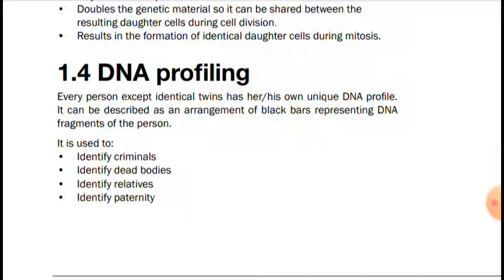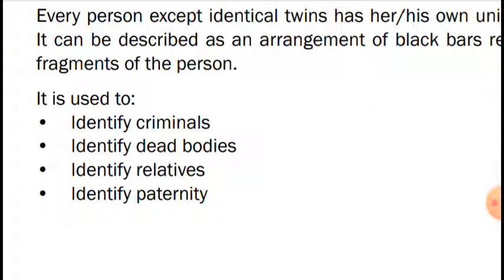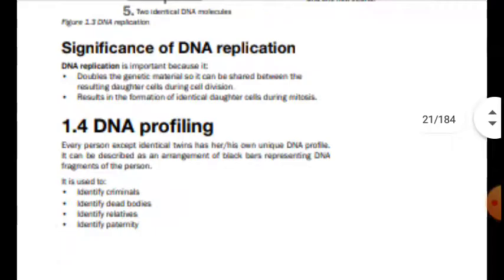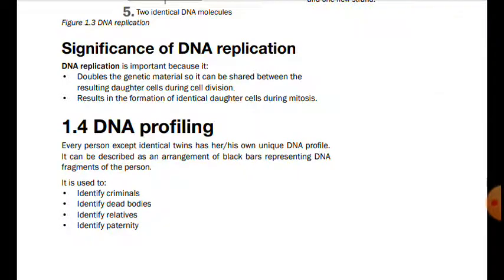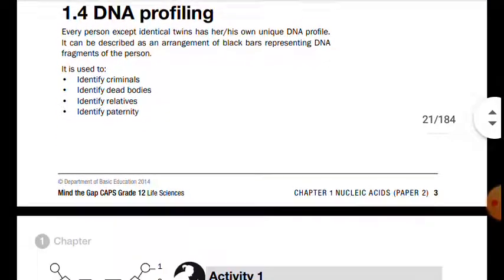If you all want to see that, I can show you how it looks. So that is what it is used for. It is used to identify criminals, dead bodies, relatives, and paternity, to identify who your real parents are.